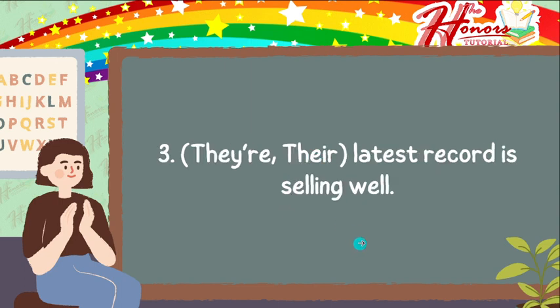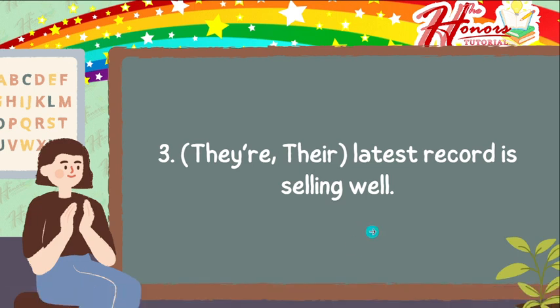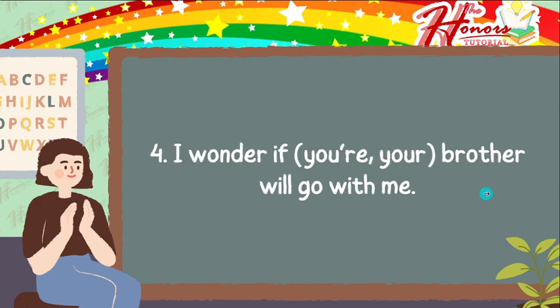Next, number three: their latest record is selling well. What do you think is the correct answer in the sentence? Is it there or their? Okay, very good. The correct answer is their, because this sentence indicates possession. Their what? Their latest record. Okay, very good. Next, number four: I wonder if your brother will go with me.